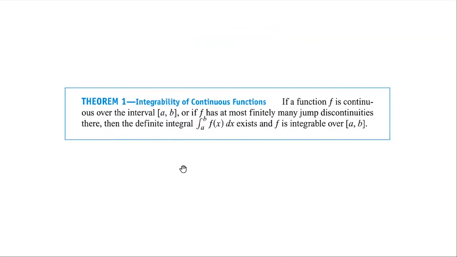If your function is continuous or has a finite number of jump discontinuities, then that function is called integrable, and in that case you will be able to find out this definite integral. So if the function is continuous, then we should be able to find out this definite integral.